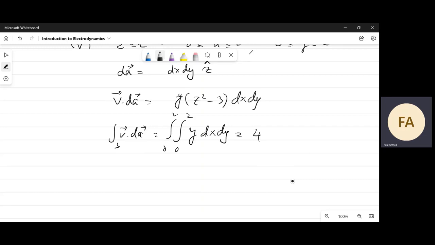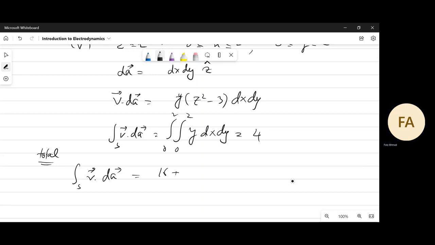So for the integral, we have to add all the contributions except the bottom side. It will become 16 plus the second, which was 0, plus 8 minus 8, and then we have plus 4, so it will become 20.